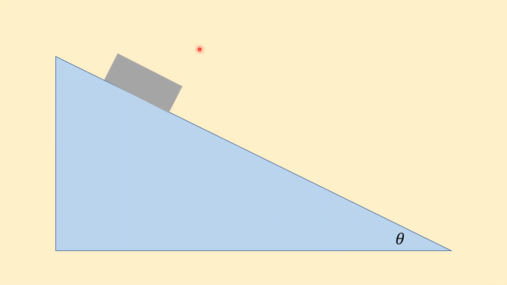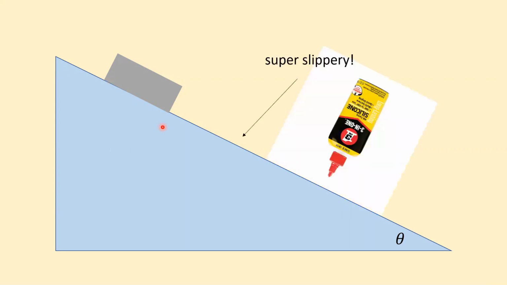Maybe this is a polished stainless steel brick, gold, whatever, but it's got to be very smooth on the bottom because I'm going to imagine that it slides down this ramp without friction. Now, friction is a major topic in this class, which gets discussed in more depth in chapter 5, I believe. So to help you visualize that, maybe you've greased the whole thing down with some silicone lubricant. So imagine that there's no friction whatsoever.